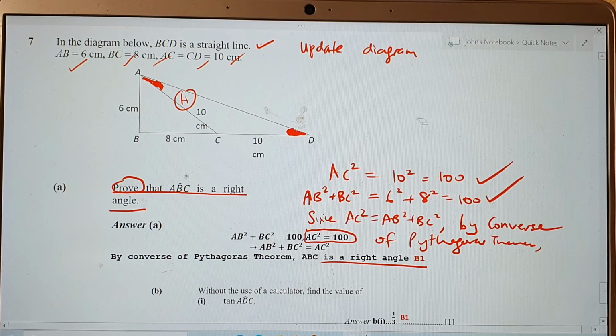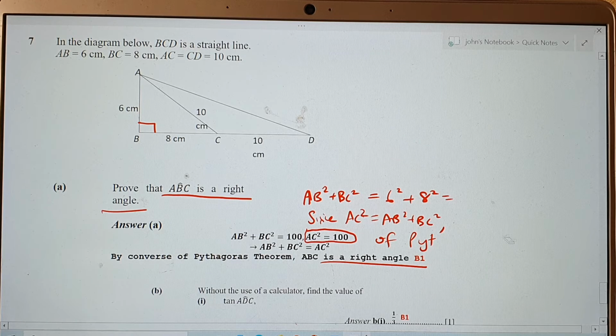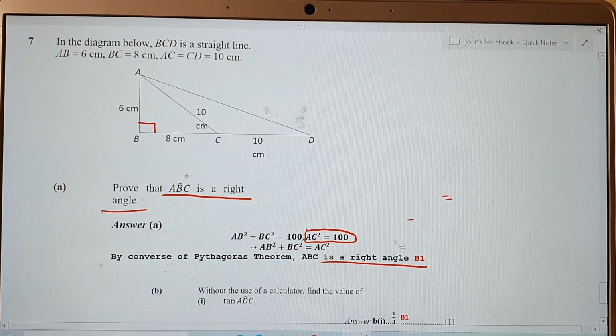Now if you don't know how to show it during the exam, never mind. You just make use of the fact that ABC is a right-angled triangle. For your part B, you can safely use the fact that ABC is a right-angled triangle.